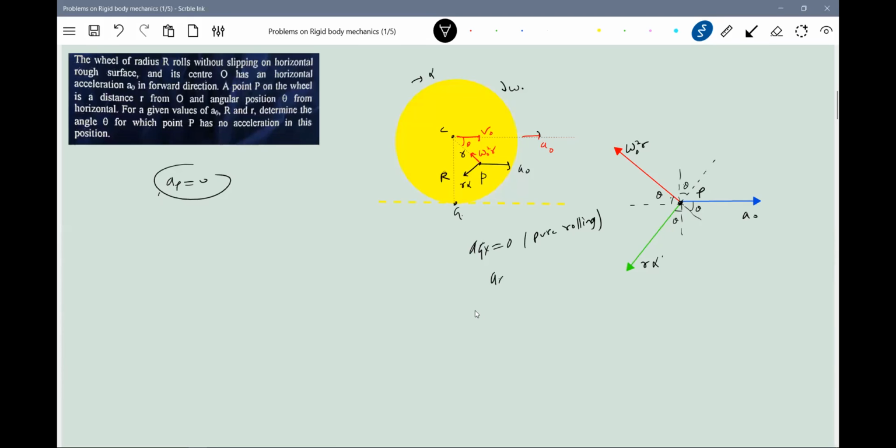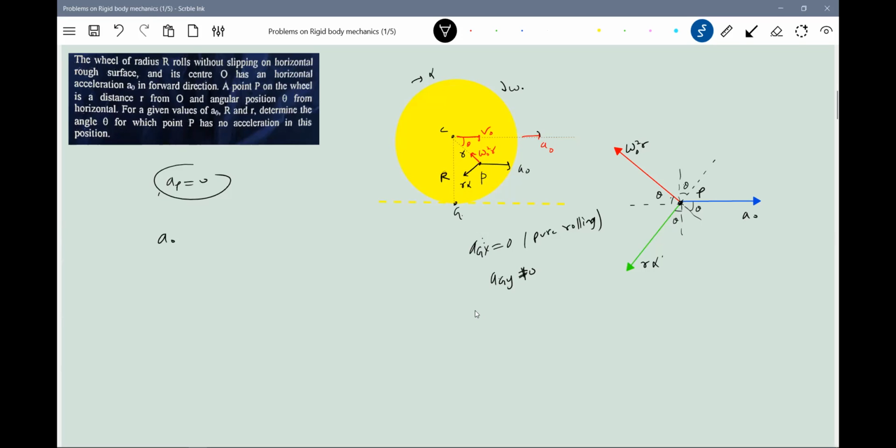But A_GY will be non-zero. Hope everyone is able to understand, because here centripetal acceleration will be there. This is what we are applying for pure rolling. Small ideas can be asked. Any teacher will try to stress these small basic things.